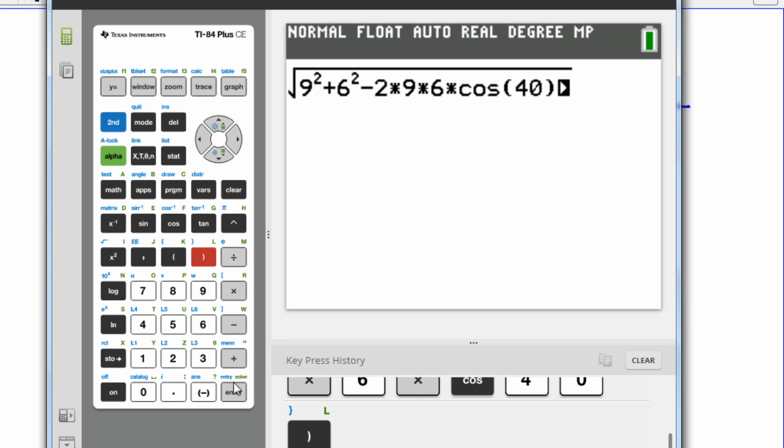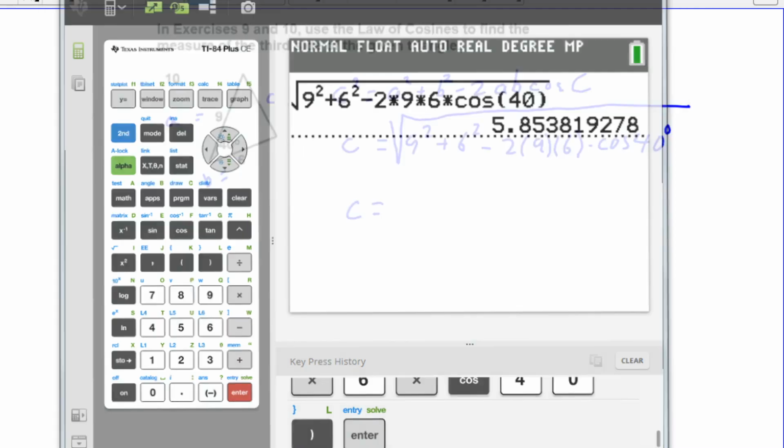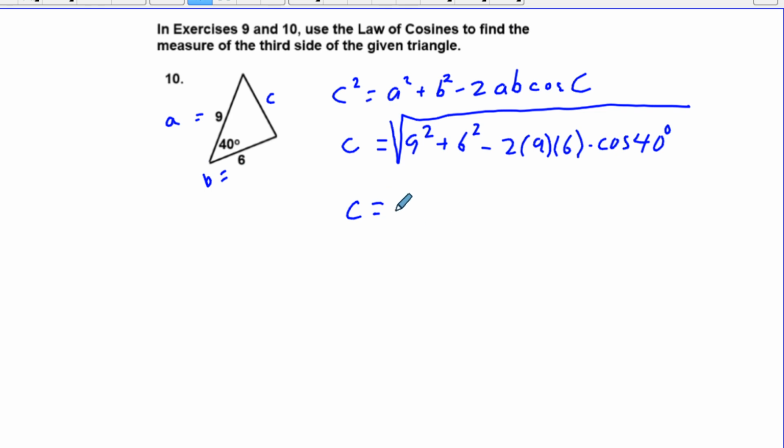That looks good. So C is going to be about 5. If we want to go to the thousandth place, we go 5.8. We'll go to the hundredth place, 5.85. So we'll say C is approximately equal to 5.85.